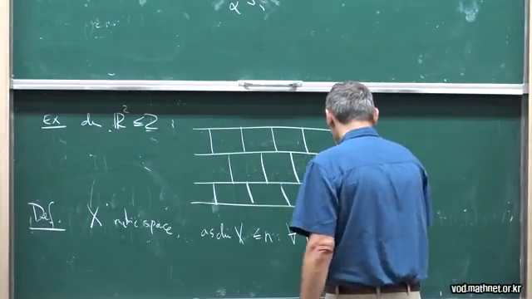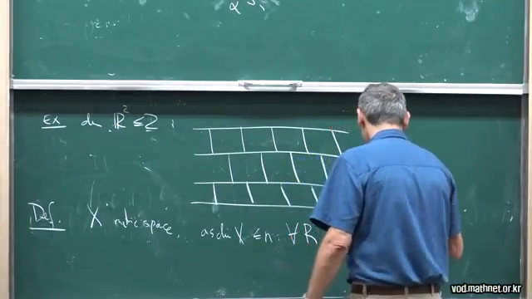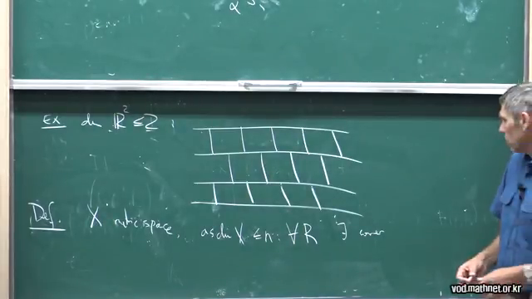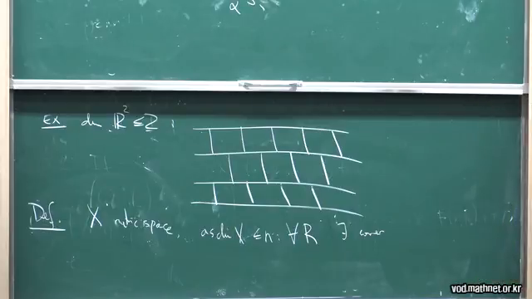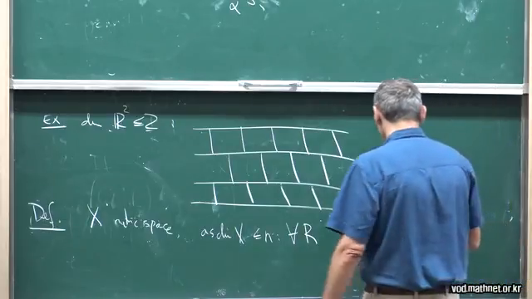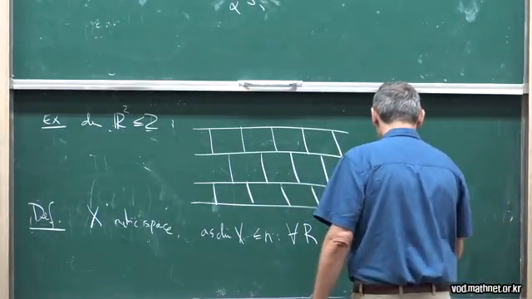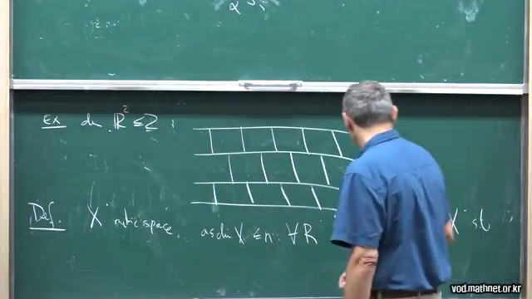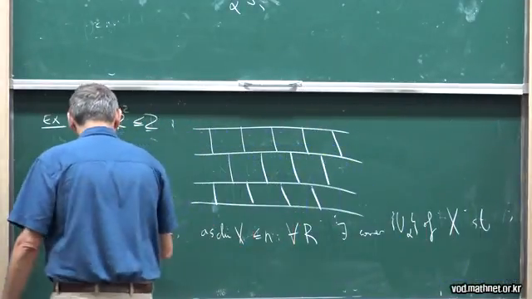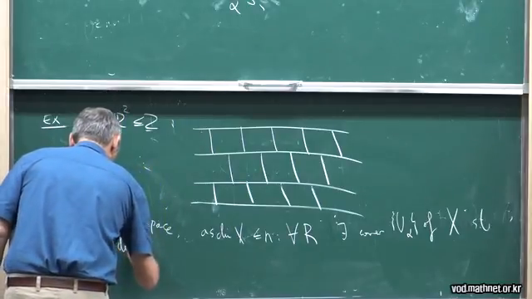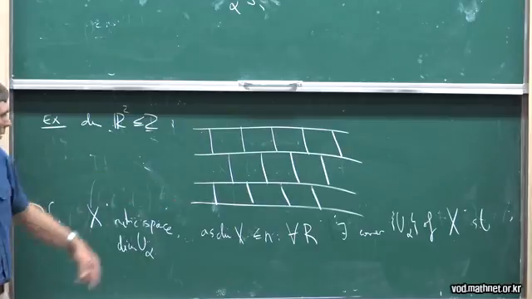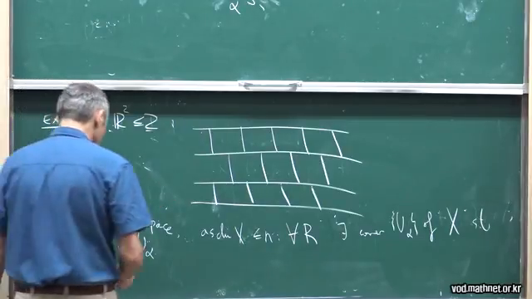For every r, there exists a cover, and here it doesn't matter whether it's open or not. In this large scale setting, you can always replace sets by open sets if you feel like it, but it doesn't matter. There's a cover, say U alpha of X, so that first of all, the diameter of U alpha is uniformly bounded, not necessarily by r, usually something much larger, but uniformly bounded.